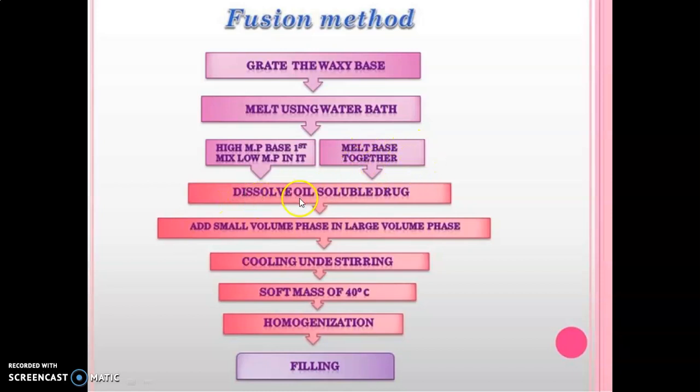After that dissolve the oil soluble drug, then add the small volume phase into the large volume phase, then cooling under stirring to a soft mass at 40 degrees Celsius, till a soft mass is formed. Then again homogenize, means reduce the particle size, and after that fill it in the container or tubes.